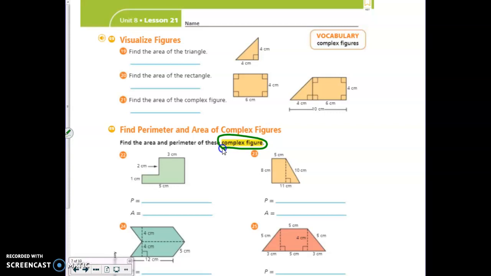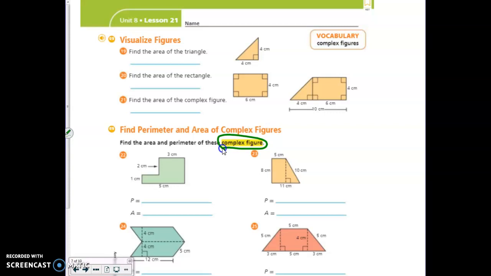So I am going to work on this top problem here and maybe one more down below, depending on how much time it takes us to get through this first one. But as you are looking at these, there are technically three shapes up here, but in all honesty, there are two different shapes. There's a right triangle and a rectangle, and the third shape is simply a combination of both of those shapes.